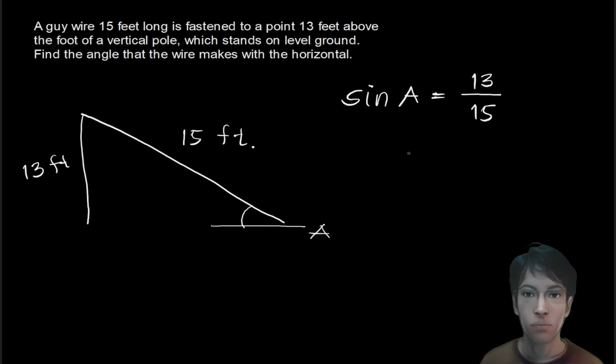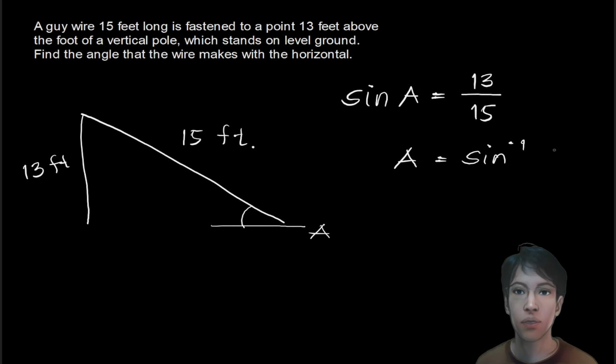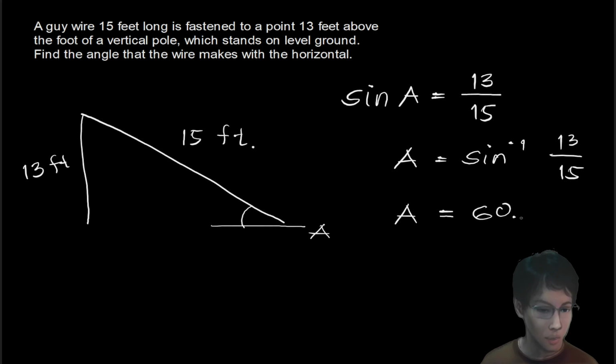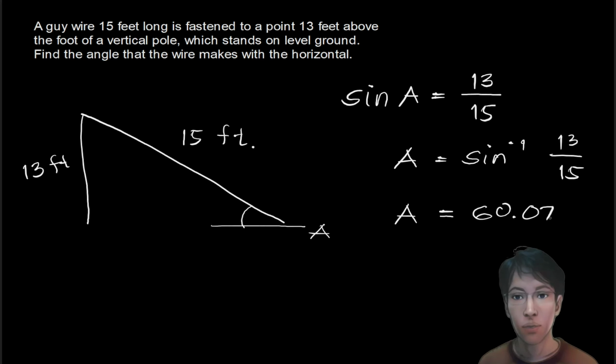And angle A is arcsine, or sine raised to -1, of 13 over 15. Using your calculator, this gives you 60.07 degrees.